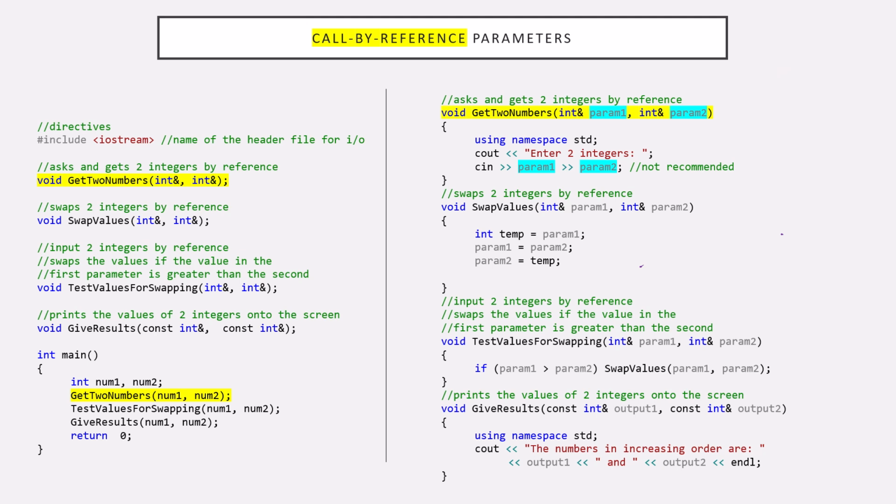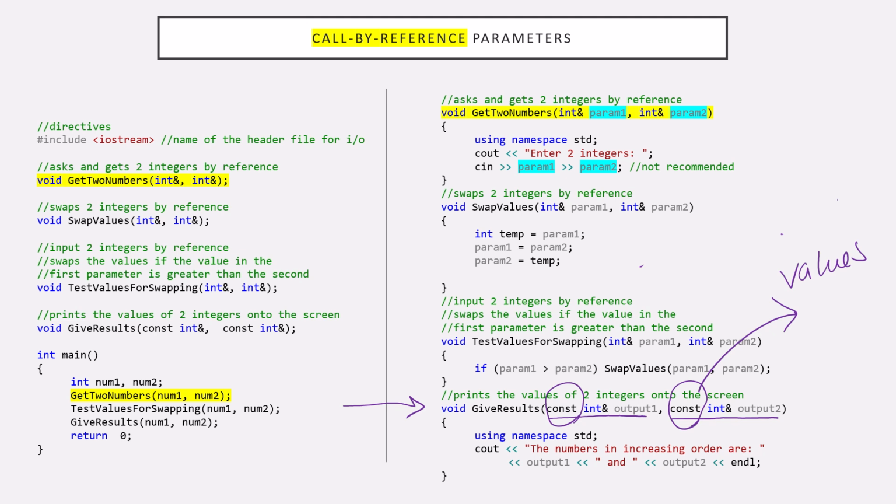Another thing you can see here is this function right here. I have changed it from pass by value parameters to constant reference parameters. Constant reference parameters must have values because you can't change their value inside the function. So why would you want to do that?